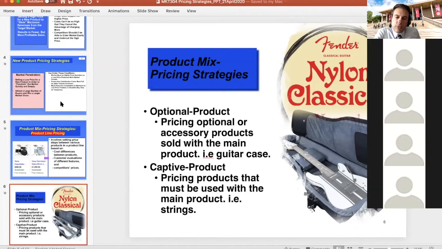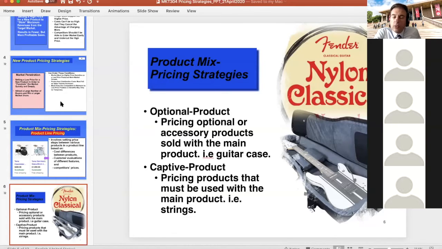An example of captive pricing that is very much used in the industry in a not so ethical way is the printer, for example, where they would sell the printer at $100, and then they would give you a free cartridge, and very soon after you'll have to go to the store and buy some other cartridges, and then you'll find that the cartridges are $50, and they, let's say, last you for a month.